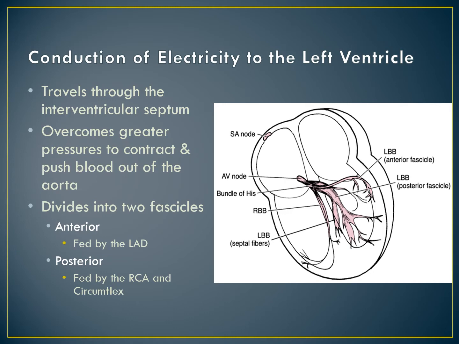And just a reminder that the left ventricle is considered the powerhouse, and because it has to overcome greater pressures to contract and push blood out of the heart, it needs to have two fascicles in order to do the job.